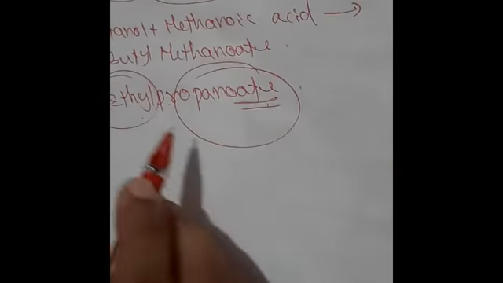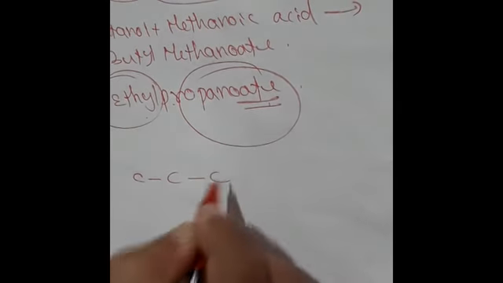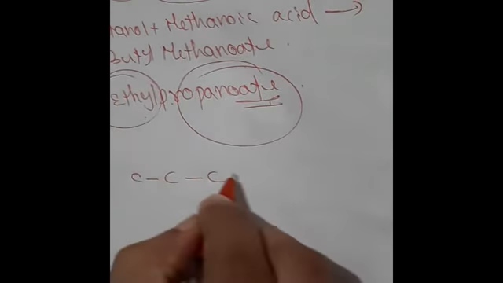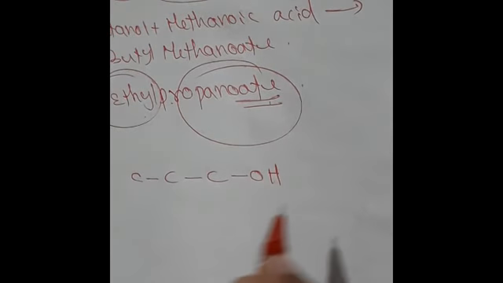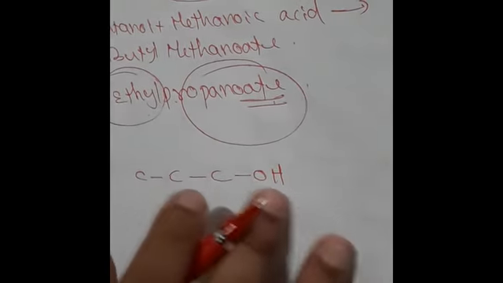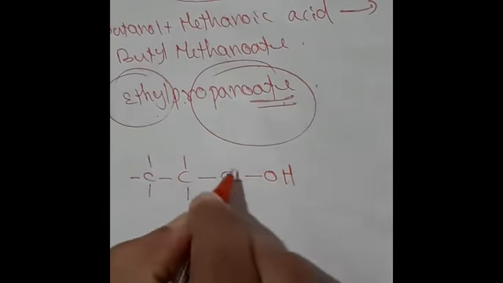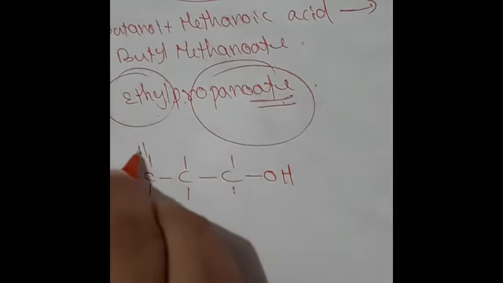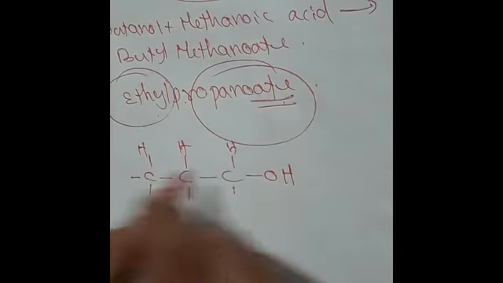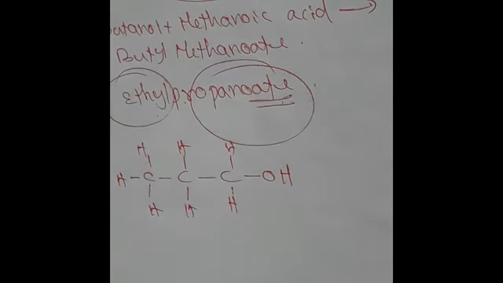Propanol means 3 carbons: 1, 2, 3. On one carbon there will be OH, because it is propanol, and 3 hydrogens here, 2 hydrogens here, 2 hydrogens here. This is the structure of propanol.